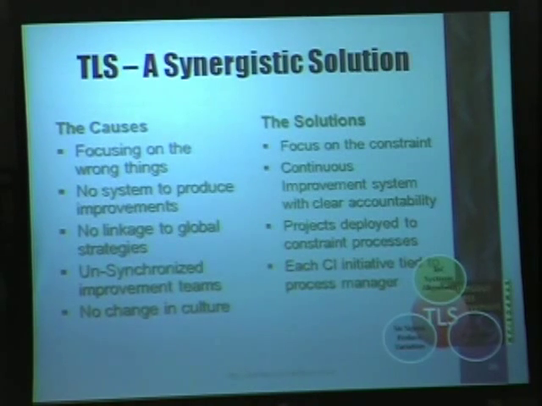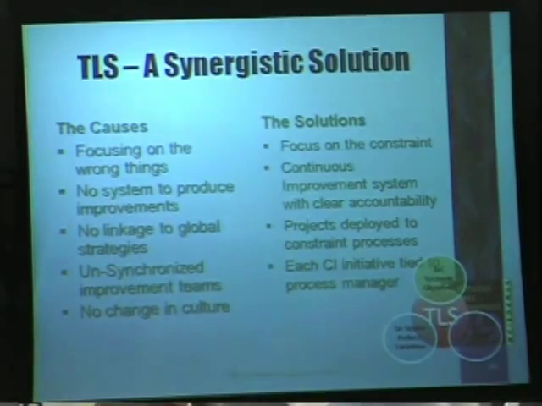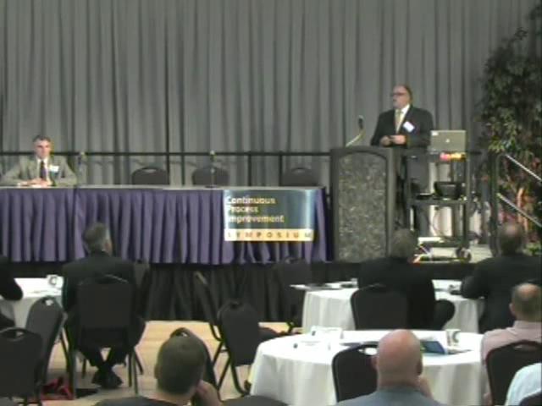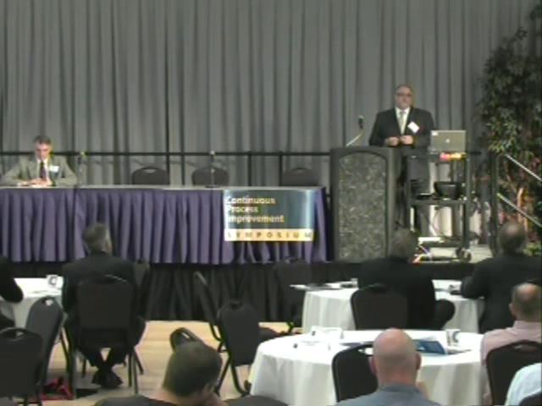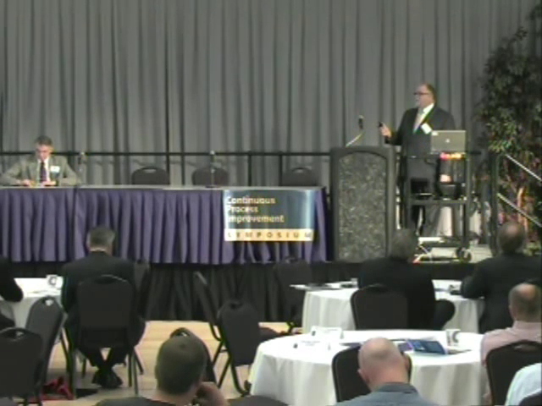And every continuous improvement initiative is tied and owned by the process manager who is going to run it. So if you want to do 5S, then the leader of the team is going to be the owner of that area.